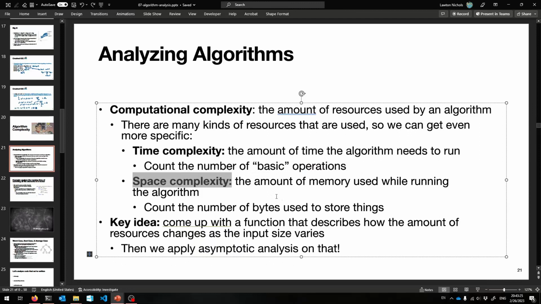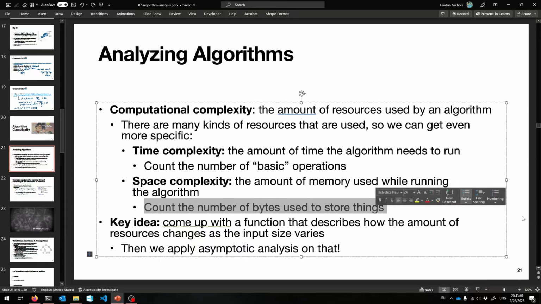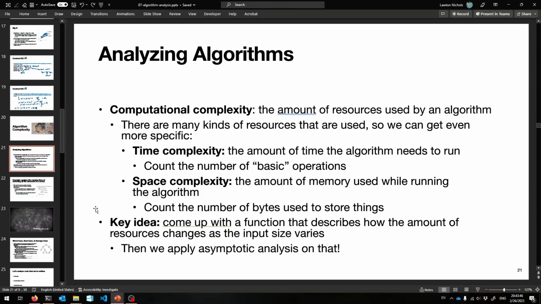That's when you want to figure out, for a particular input size, how much memory is my program going to use? How is my algorithm going to use as it computes its answer? All right. So you can think of this as you're counting how many bytes it's going to take when the input's n things. How many bytes is your algorithm going to take to compute its answer? Okay. So there's space complexity and time complexity.